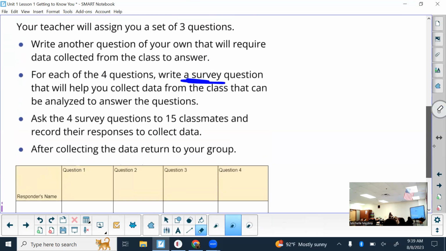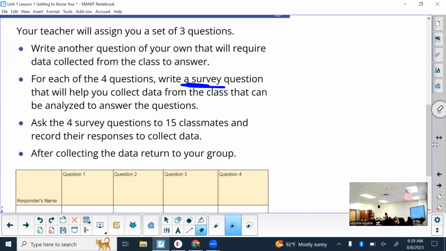So say one of the things you're trying to figure out is how many pets your classmates have. Would I go up to someone and say the number of pets that my classmates have and expect an answer?